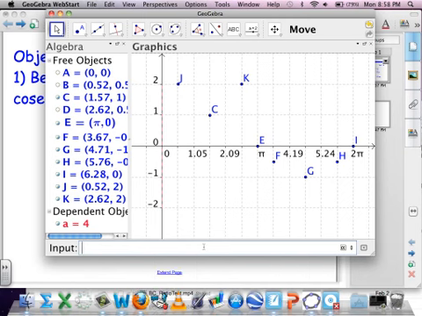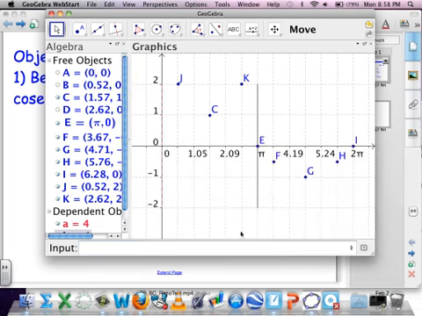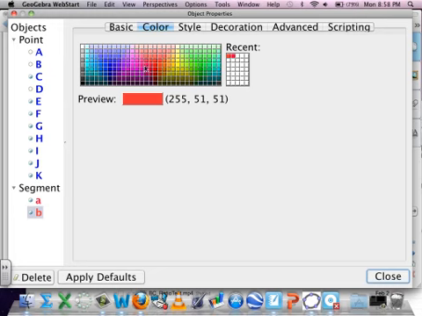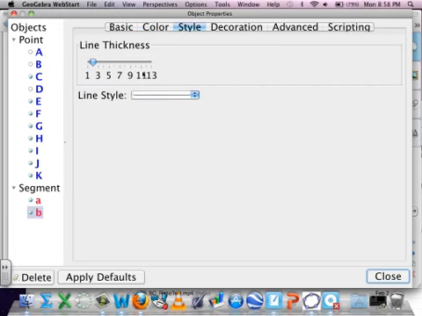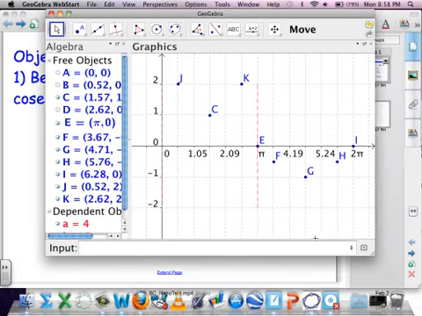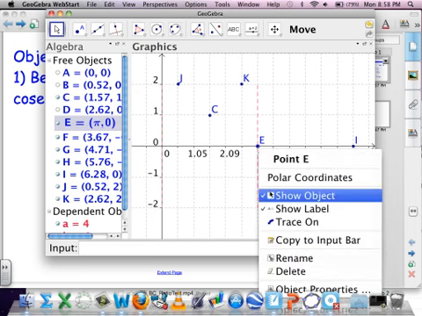You can just draw it in with a vertical line here, but I'm going to make a segment from (pi, negative 2) to (pi, 2). Okay, so there's my segment. Let me make it dotted in red so we can tell it apart from everything else. Style, dotted.